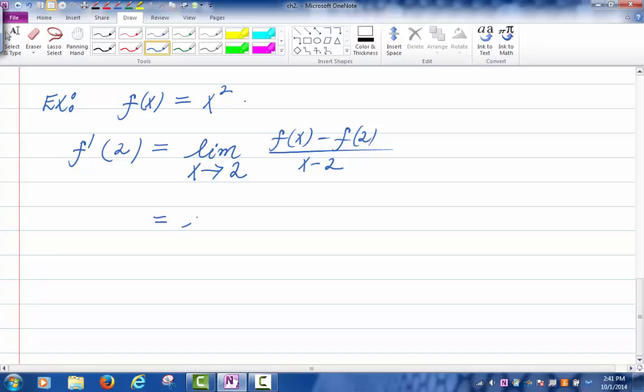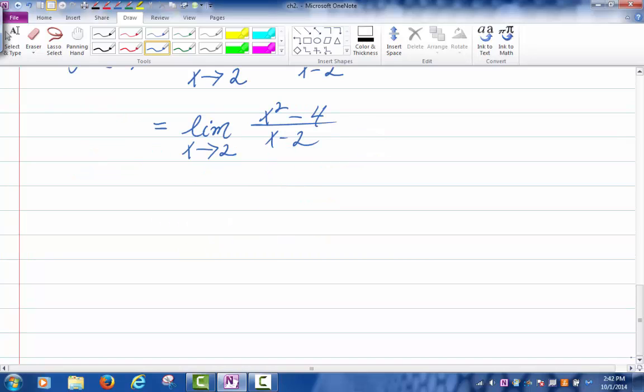Okay, so what is that limit? This is the limit as x goes to 2. What is f of x? x squared. What is f of 2? 4. So what's the limit of this? If I plug in 2 for x, I get 0 divided by 0. And if I have 0 divided by 0, I factor, right? So this would be the limit as x goes to 2 of x minus 2 times x plus 2 over x minus 2.